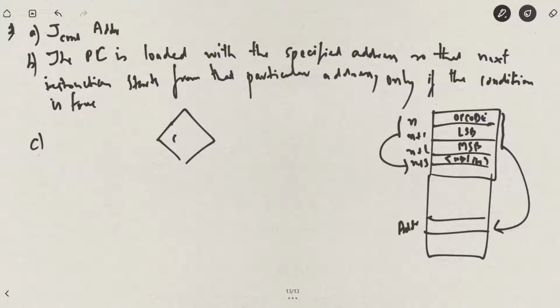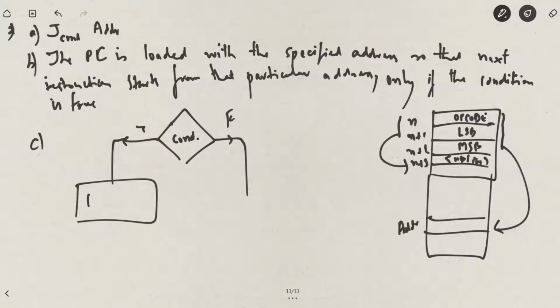You have a condition. It can be true or it can be false. In case it is true, the program counter is loaded with the address specified here.